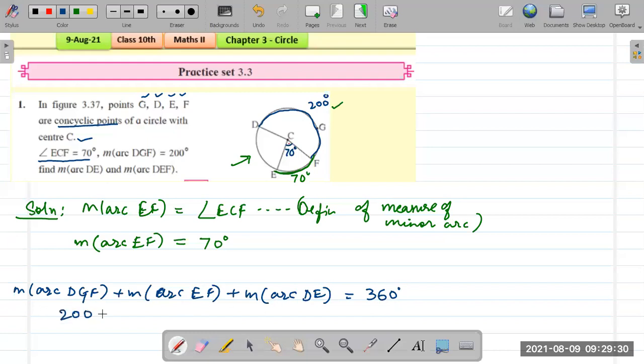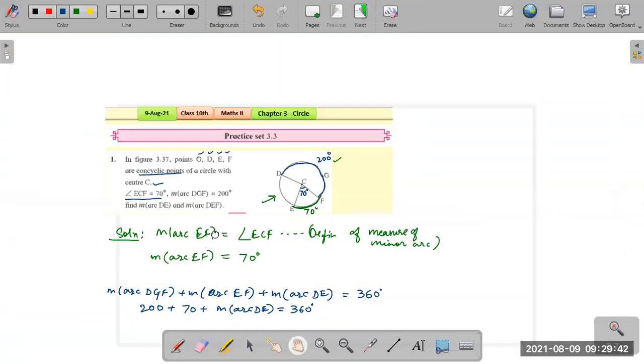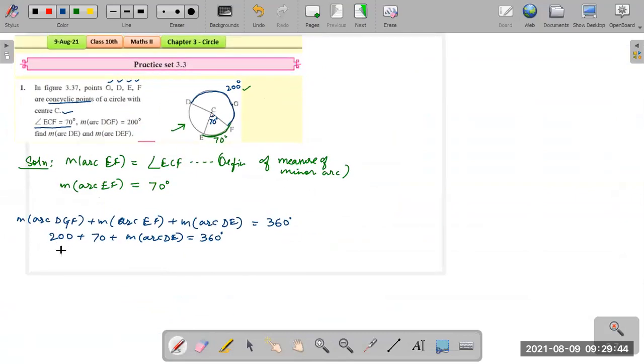DGF is 200 plus EF is 70 plus we don't know the measure of arc DE, we write it out as it is. The sum is 360 degrees. Now adding these two, we get 270 plus the measure of arc DE equals 360 degrees.